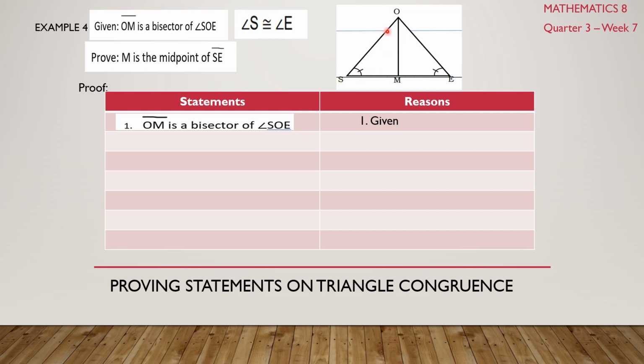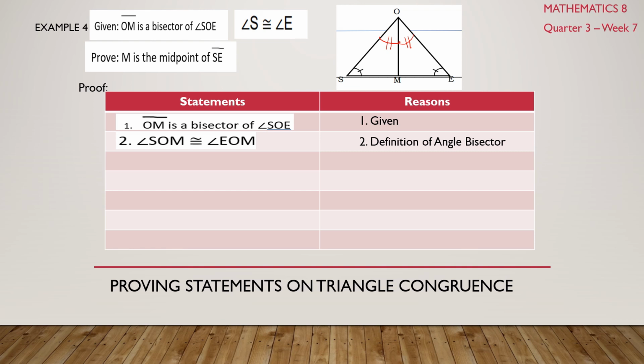Iyon ang angles SOM and angle EOM. So, we have angle SOM is congruent to angle EOM. What will be our reason? Definition of angle bisector.